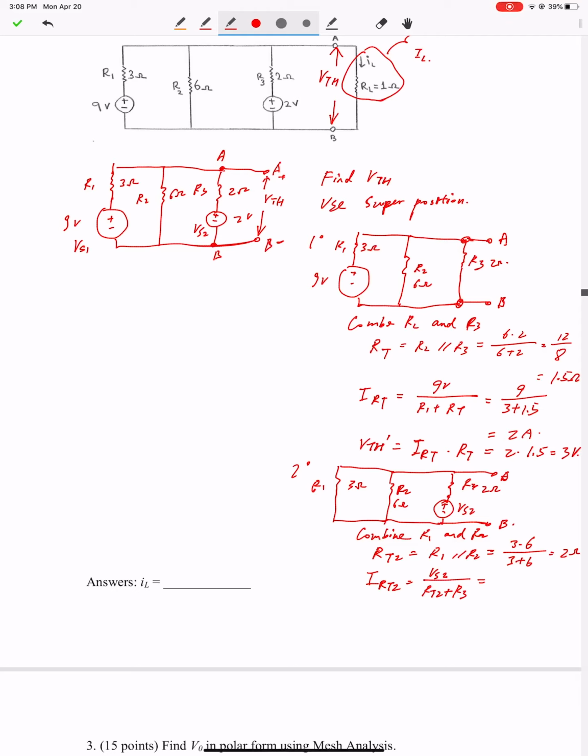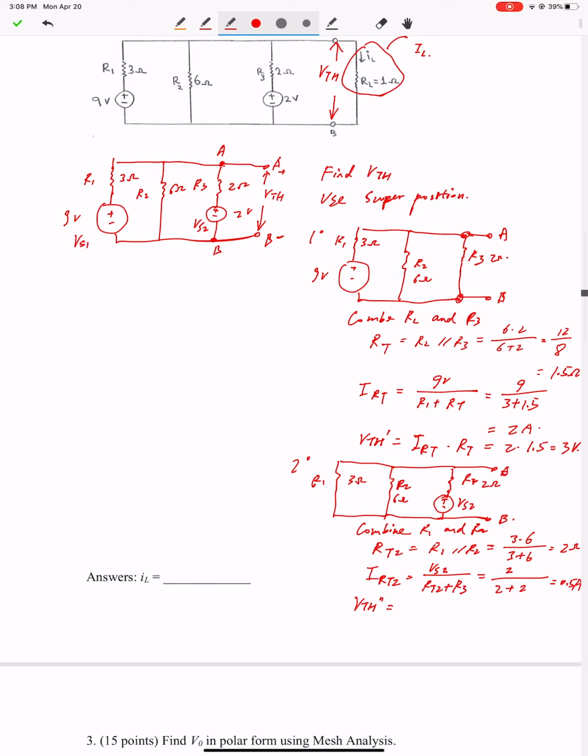So that gives us 2 over 2 plus 2, which equals 0.5 amps. After we have IRT2, we can find V Thevenin double dot, which is VAB, that equals IRT2 times RT2 equals 2 times 0.5 equals 1 volt.